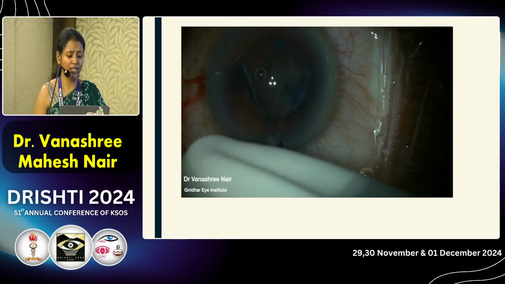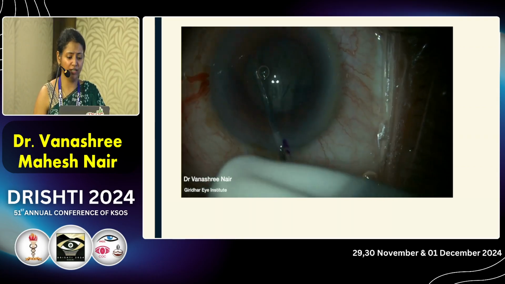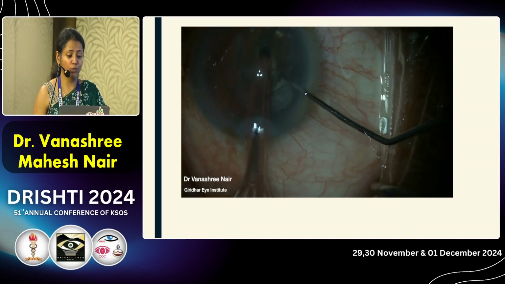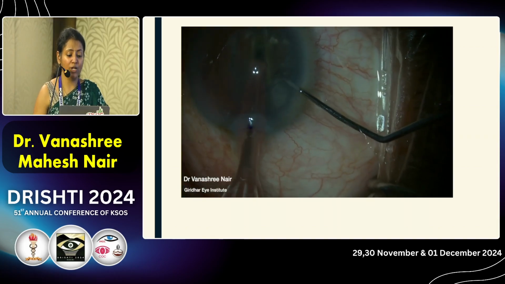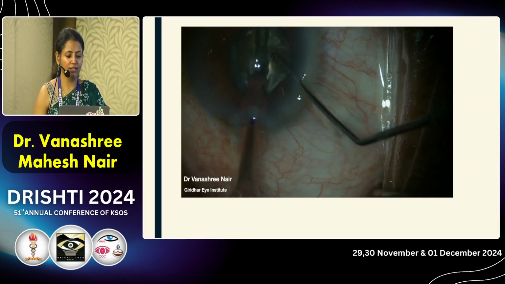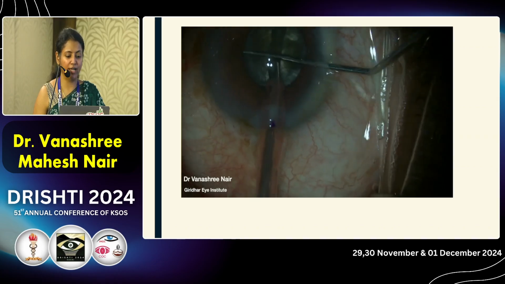I do my incisions, I do the hydrodissection, and this is where the things begin, the pupil has started coming down. So now I know that this is a mild to moderate IFIS, but I decide to manage without a pupillary dilating device.